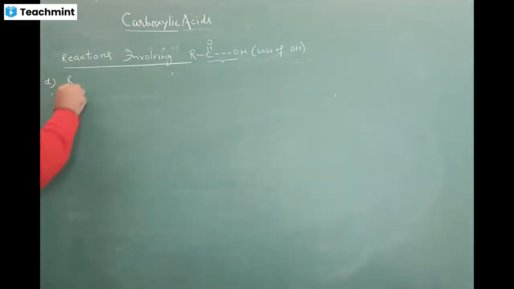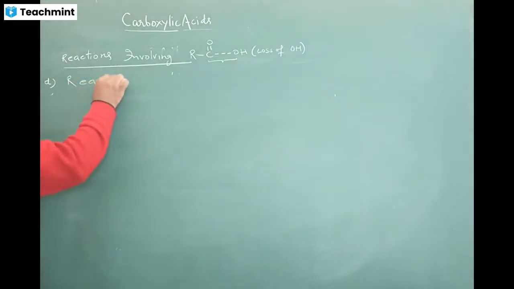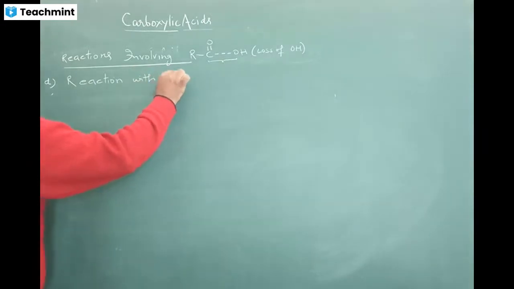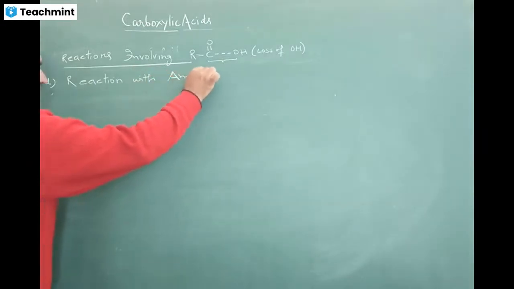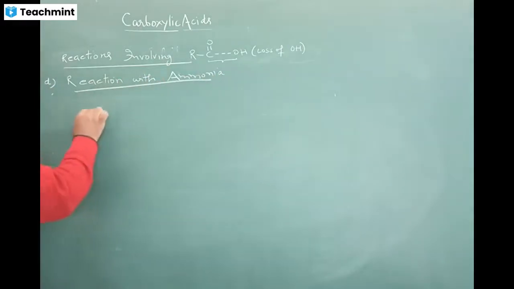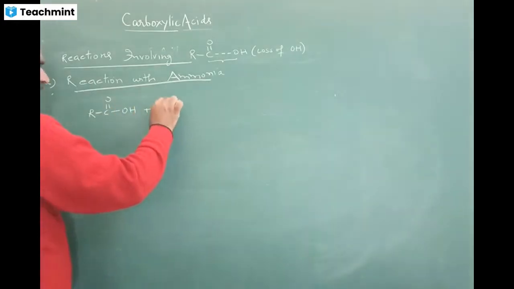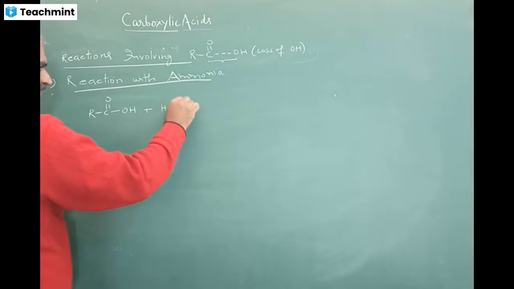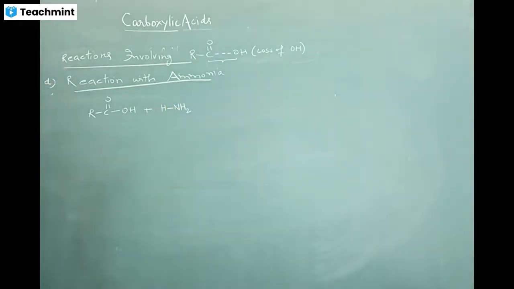Type D, reaction with ammonia. Carboxylic acid plus ammonia, H-NH2, NH3, you can say NH3 ammonia.